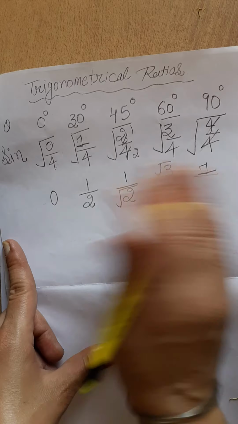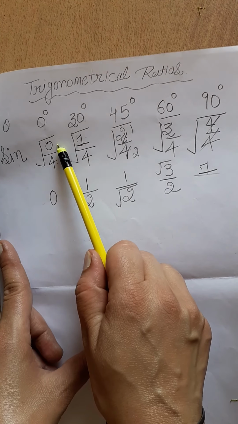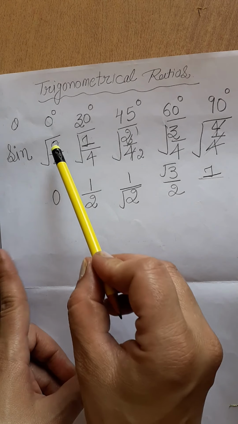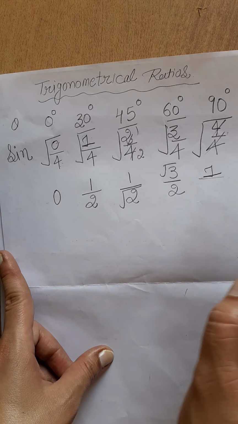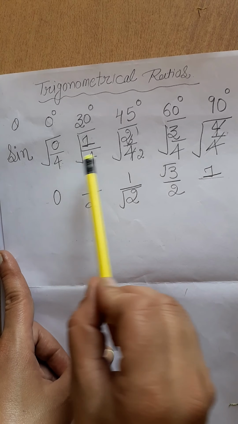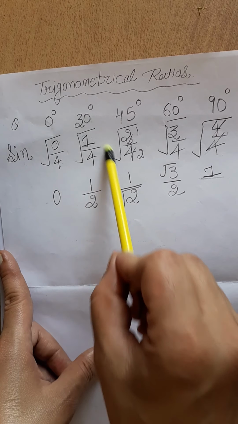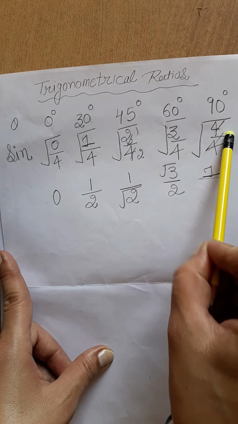Okay, I repeat my concept. First of all, we write here 0, 1, 2, 3, 4. First of all, we write the digits. After that, we divide all the digits by 4 and we take the square root of all of this.